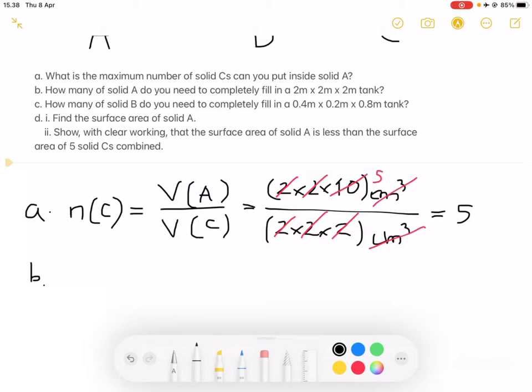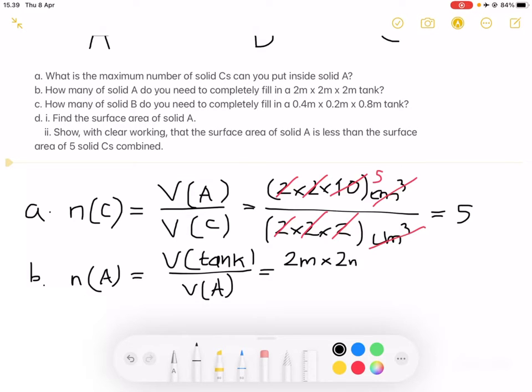And again, using our formula before, the number of solid A's, denoted as Na, will be the volume of the tank divided by the volume of a single solid A. So that will be 2 meters times 2 meters times 2 meters as the volume of the tank, while the volume of a single solid A will be 2 centimeters times 2 centimeters times 10 centimeters.